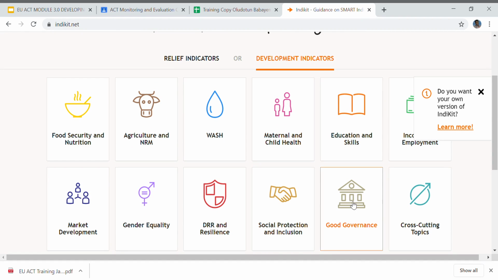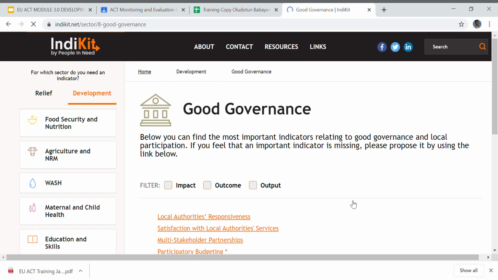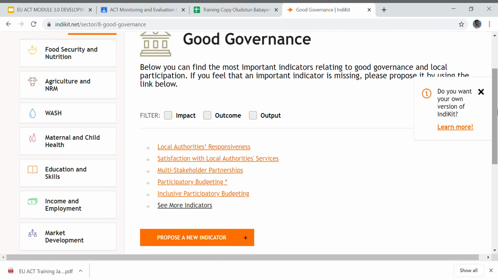Think about good governance, they already have it. Just click on any one and you will see some level of indicators, like local authorities' responsiveness and satisfaction with local authorities. If it's good governance, that's what it means.